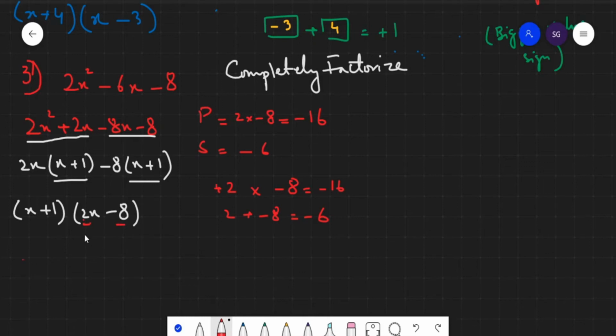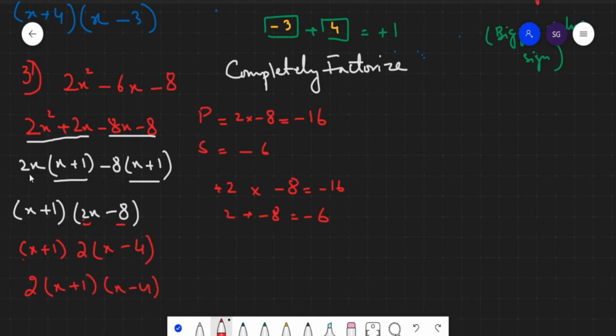So this is not complete factorization. That means I can take 2 common out of this second bracket. And so what I have here is 2 times (x plus 1) times (x minus 4).